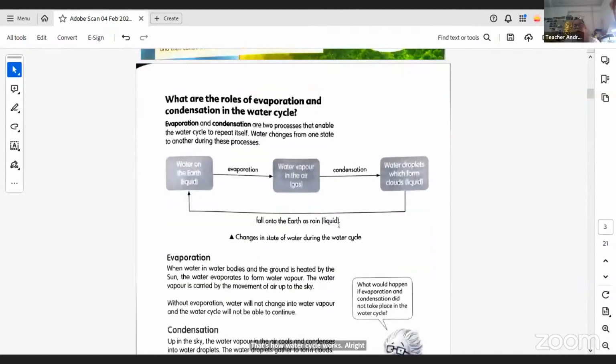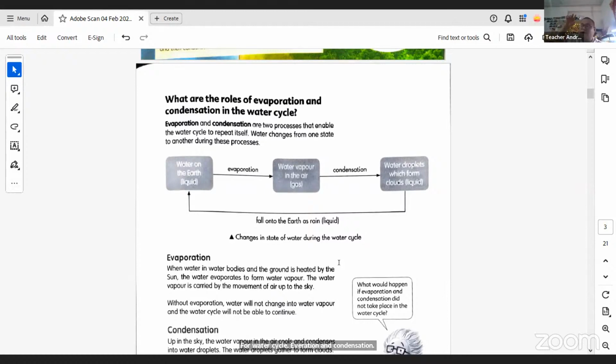So what are the roles of evaporation and condensation in the water cycle? We talked so much about water evaporating up to the sky, the cloud getting so heavy, and then rain coming down. So what is the role? There are only two processes in the water cycle: evaporation and condensation. Evaporation means going up.